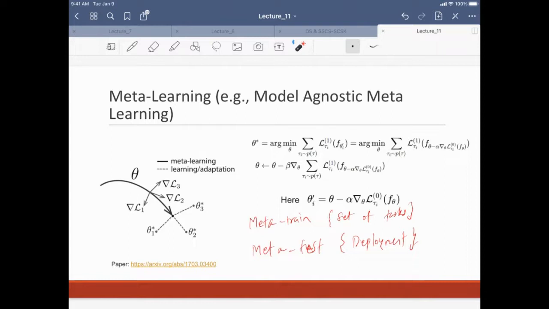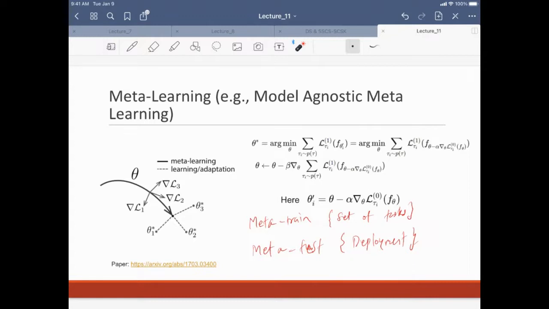And one task could be predicting breast cancer, another task could be predicting breast cancer from slightly different kinds of images, right? Another could be predicting maybe lung cancer, right? So you have different kinds of these tasks, and you want to somehow learn jointly from all of these tasks, so that you have a good initialization, so that finally in my deployment, if I have very few images of a particular meta testing scenario, I want to perform well, right?